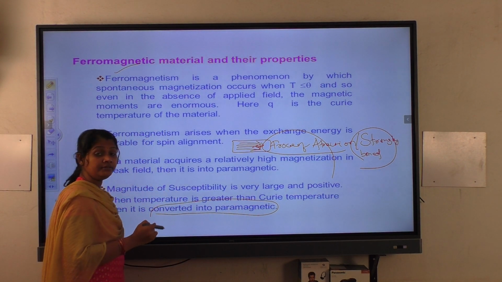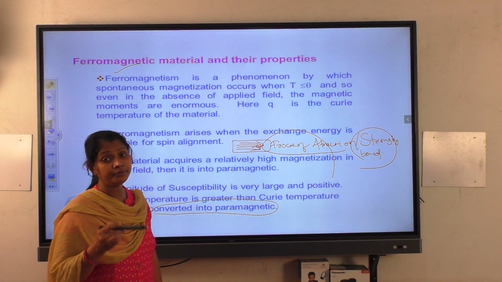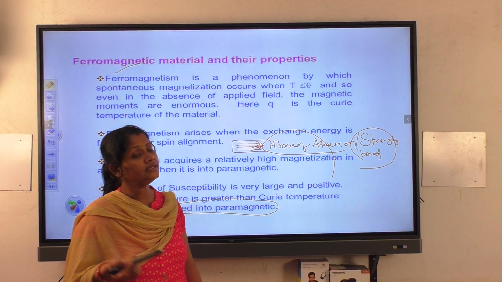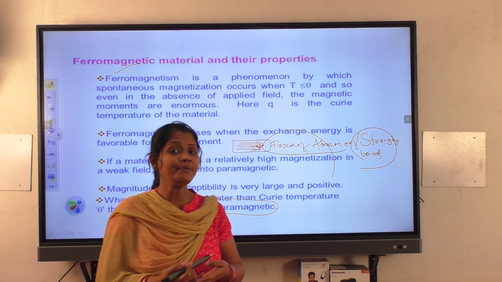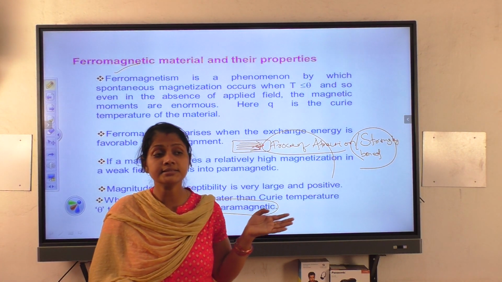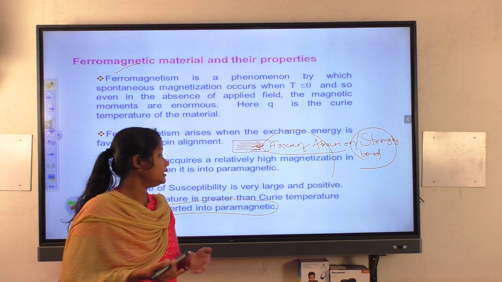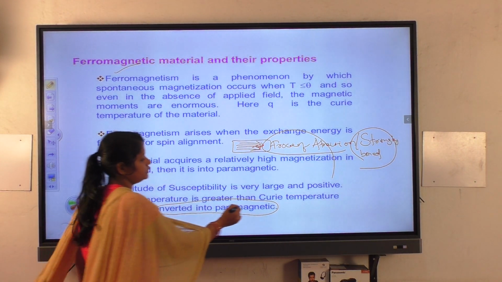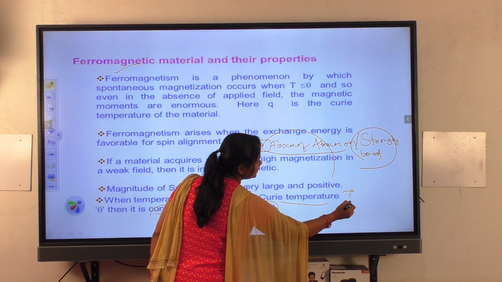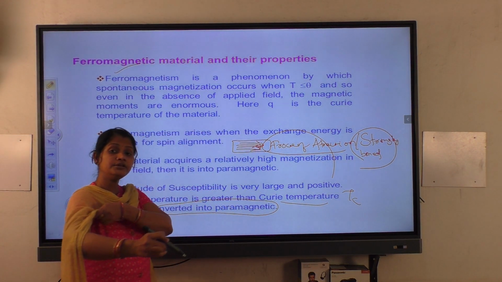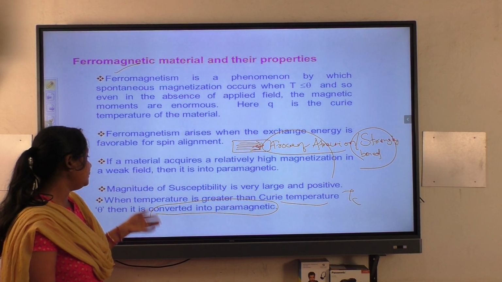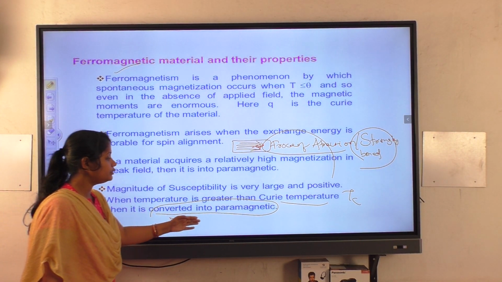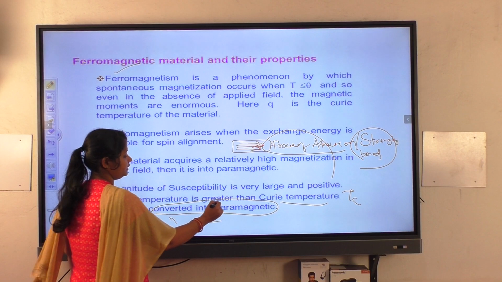We have already previously discussed that when the temperature is less than the Curie point, a paramagnetic material is converted to a diamagnetic material. But in this case, the temperature is greater than the Curie point, Tc being the Curie temperature. When the temperature is greater than the Curie point, then it is converted into paramagnetic material.